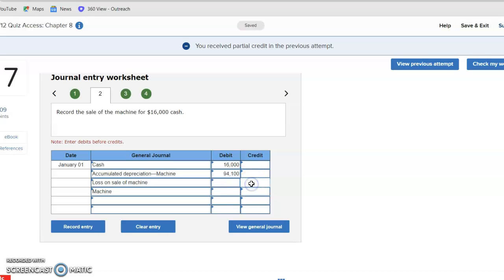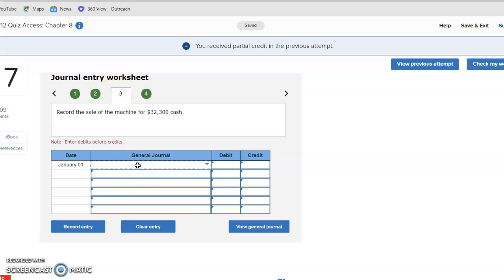I had that wrong. And then the loss on the sale is 16,300. And then the machine we had was 126,400. And that's number 2.